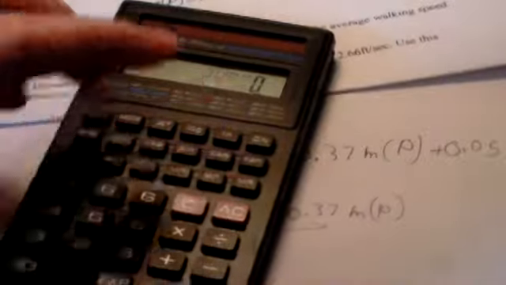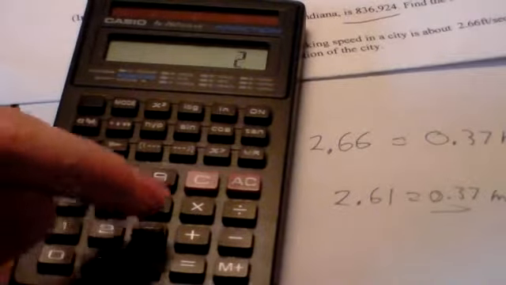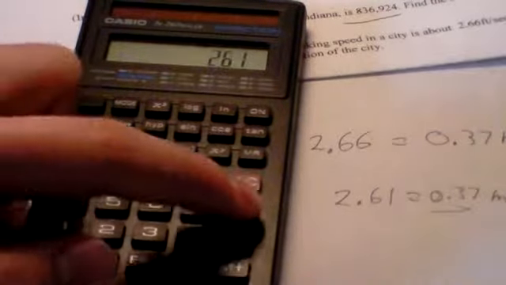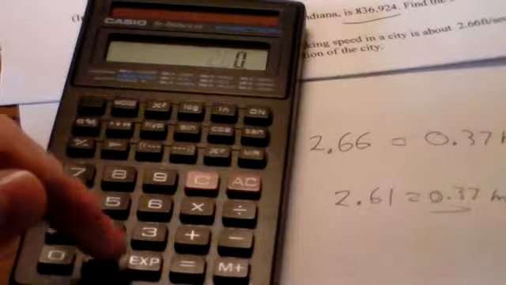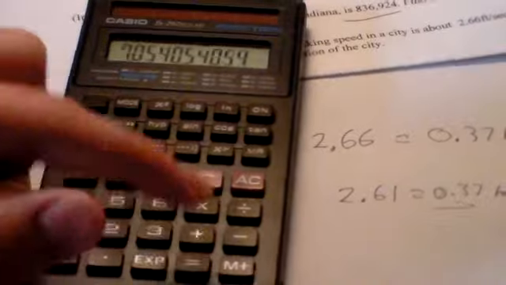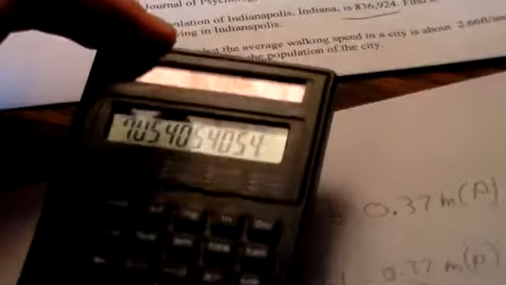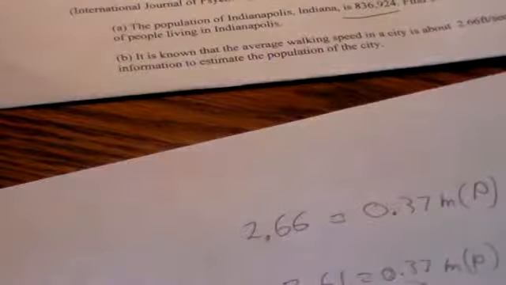It would probably be a lot faster to use our calculator here, so 2.61 divided by 0.37, and we get 7.05405. Alright, let's just call that 7.054. Alright, so 7.054 equals the natural log of p.